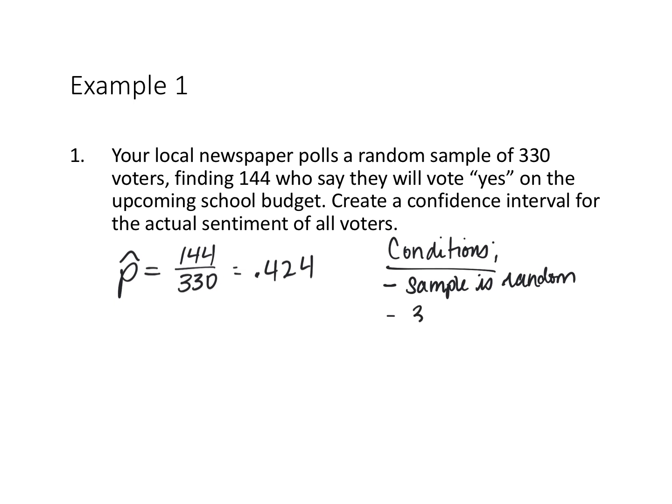And if you just write 330 less than 10%, also not going to get full credit. Because it's less than 10% of what? You have to say of all voters.